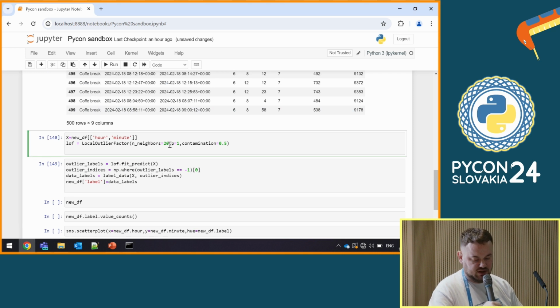Okay. I chose number of neighbors 20. Can someone give me a random number? Thank you. Okay, we chose p-value 1, and let's say that 21% of the dataset should be anomalies.